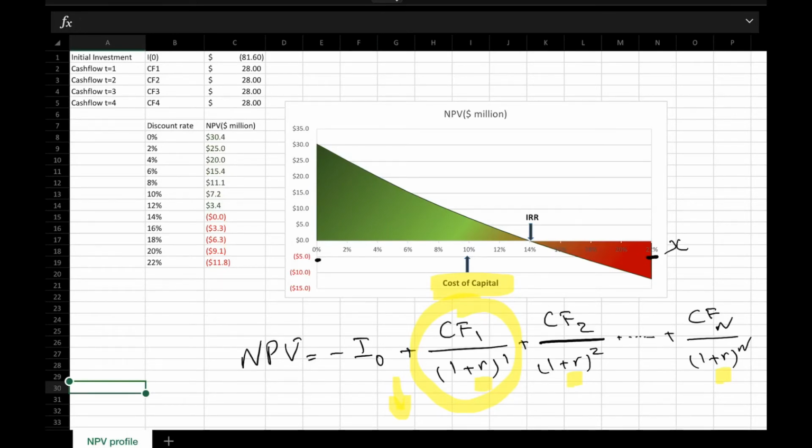Okay, so the NPV profile is going to be helpful if you are uncertain about the appropriate discount rate to calculate the present value of cash flows.